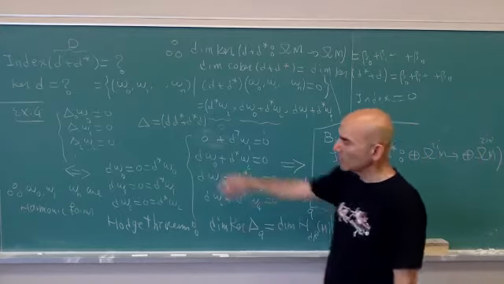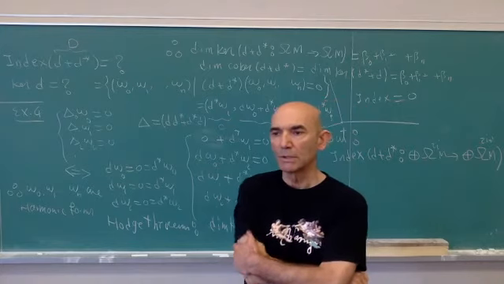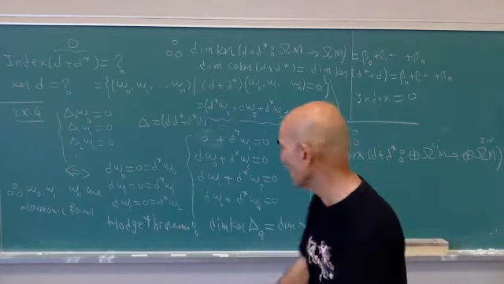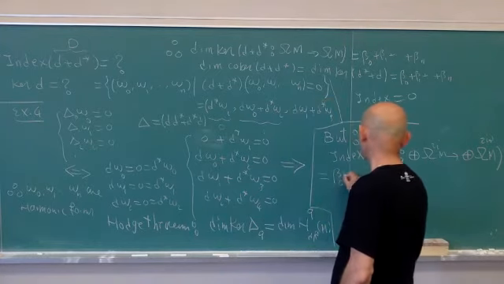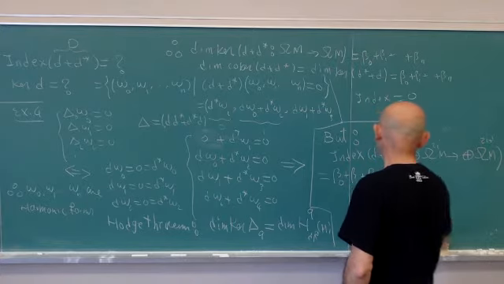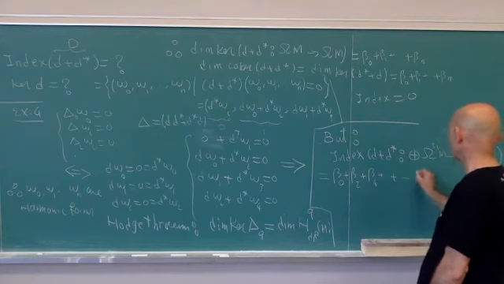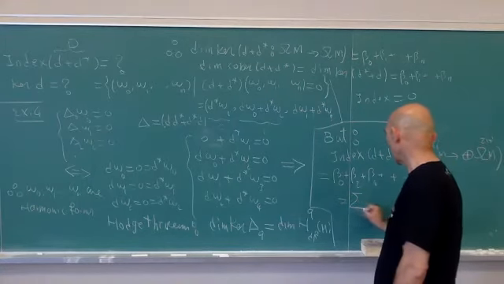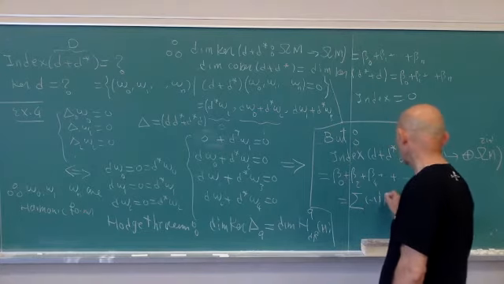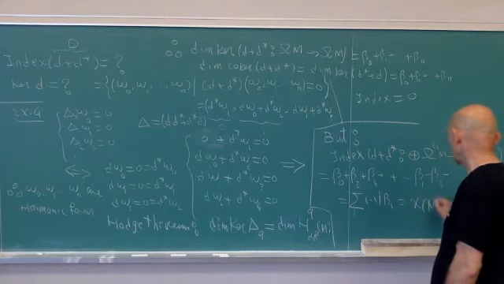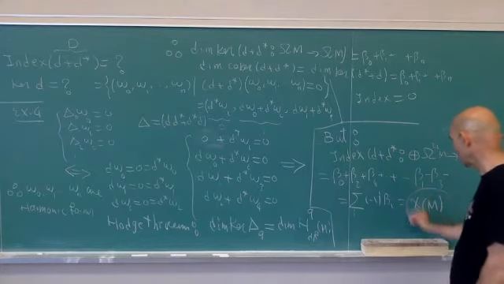You go through the same calculation and you get that this is equal to beta 0 plus beta 2 plus beta 4 and so on, and then you subtract beta 1, beta 3, and so on. So this is nothing but the sum of minus 1 to the i times beta i over i, and of course, this is the well-known Euler characteristic of M.